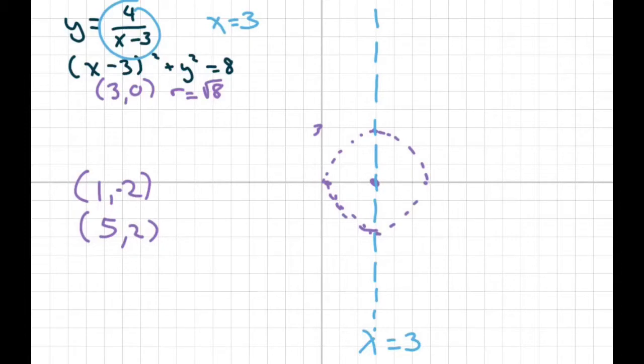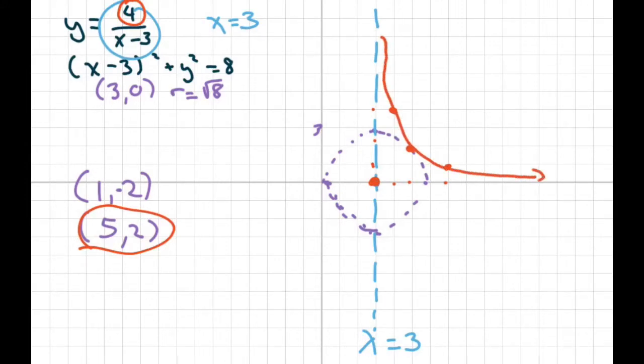So basically, when you graph this, you go back to your center here, and 4 is the vertical stretch. From here, you go up 4, 1, 2, 3, 4 over 1. And you go to the right from your center, 1, 2, 3, 4, up 1. And then also we have 5, 3, 4, 5, 2. I'm using this as an intersection point. So there it is. It intersects right in there. We also have a horizontal asymptote at y equals 0 here.